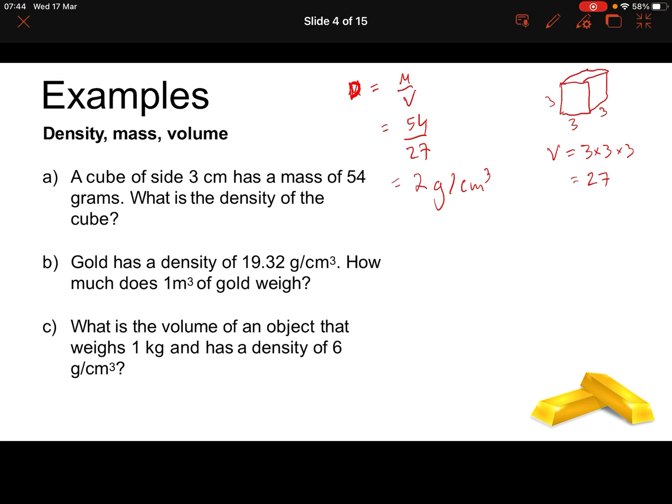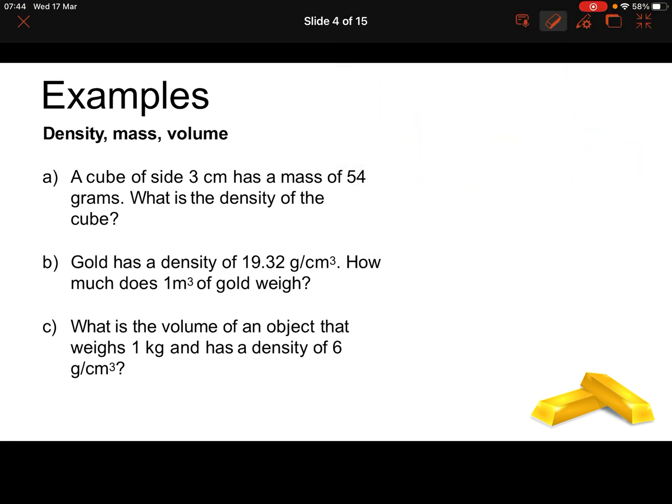Okay. Now, let's have a look at the next one. Gold has a density of 19.32 grams per centimetre cubed. How much does 1 metre cubed of gold weigh? Now, you've got to be careful here because we're mixing up units. So what you need to know is what is 1 metre cubed in centimetres cubed. And Abdullah, I'm talking to you.